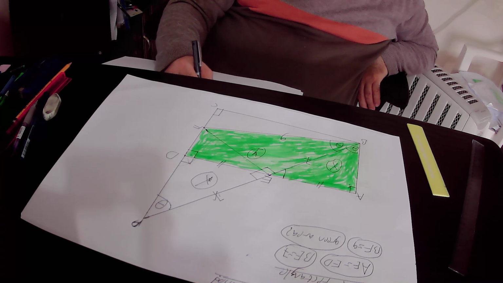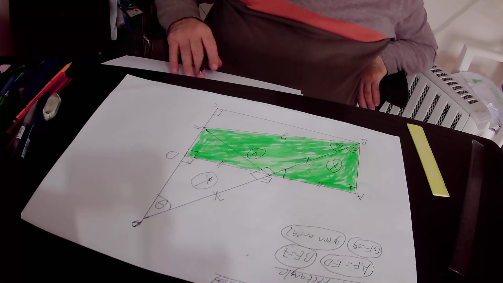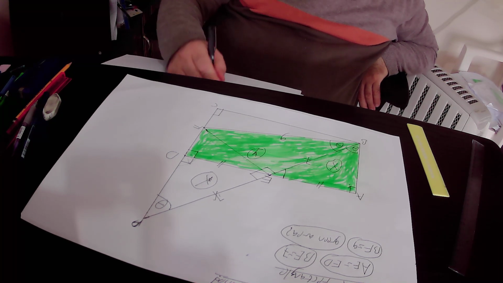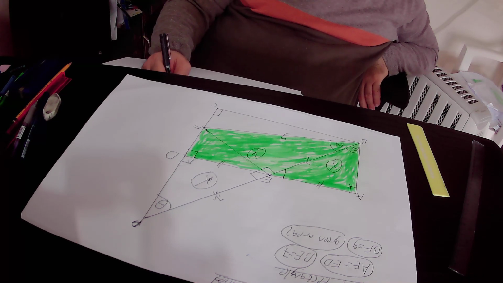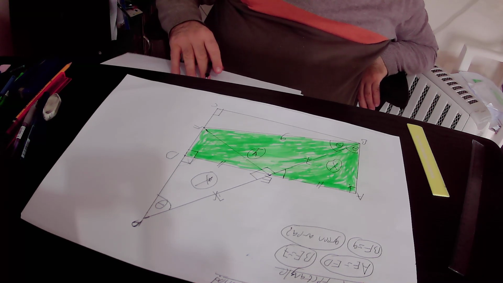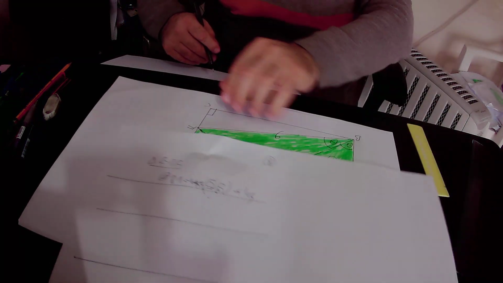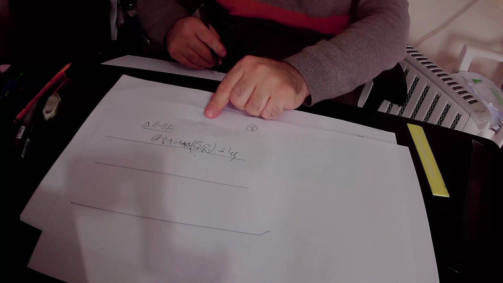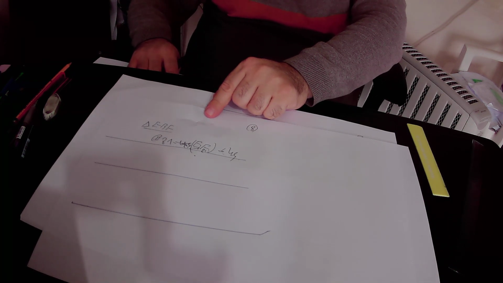So I repeat again. The right green triangle BEF, 81 equals EF square plus 49.